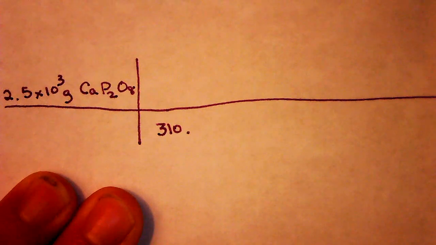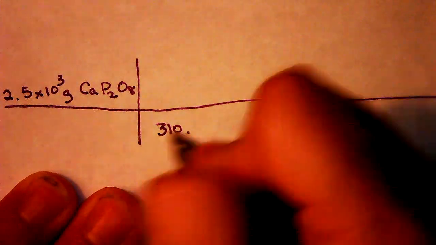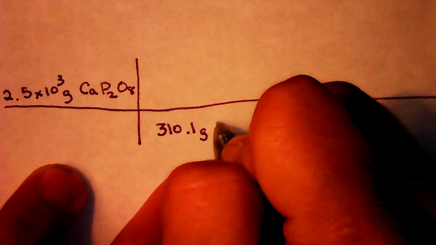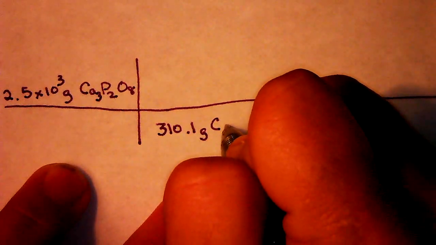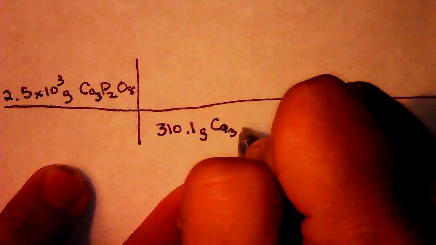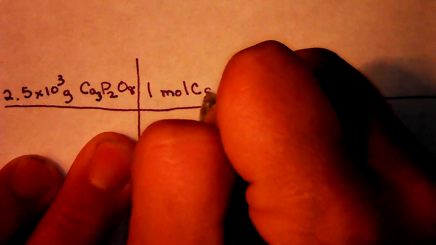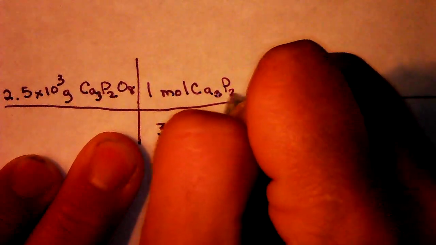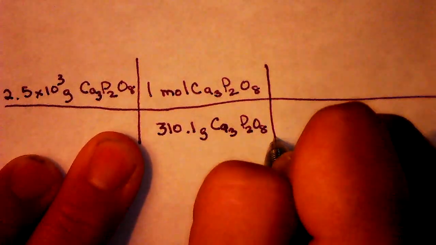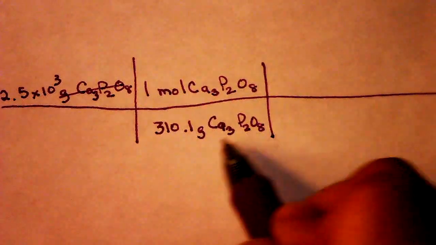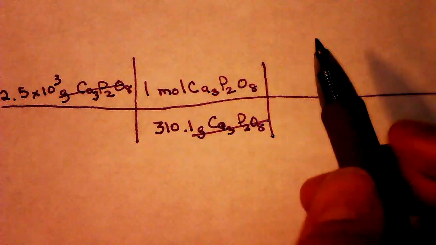No, point 1. 310.1 grams of Ca3P2O8, and we'd have 1 mole of Ca3P2O8.